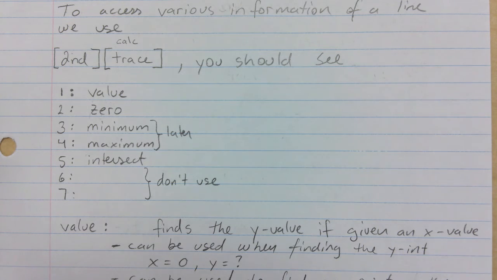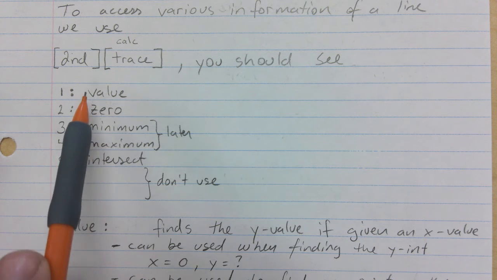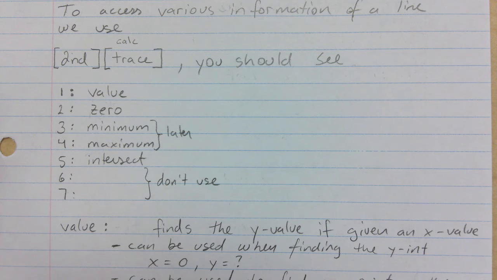So 1, 2, and 5, okay, those are the most important ones. I would still write them all down because you're going to learn how to use 3 and 4. Some teachers use 2, but you will see soon enough that I like to just stick with 1 and 5 for now. For linear equations, 1 and 5 do everything you need.